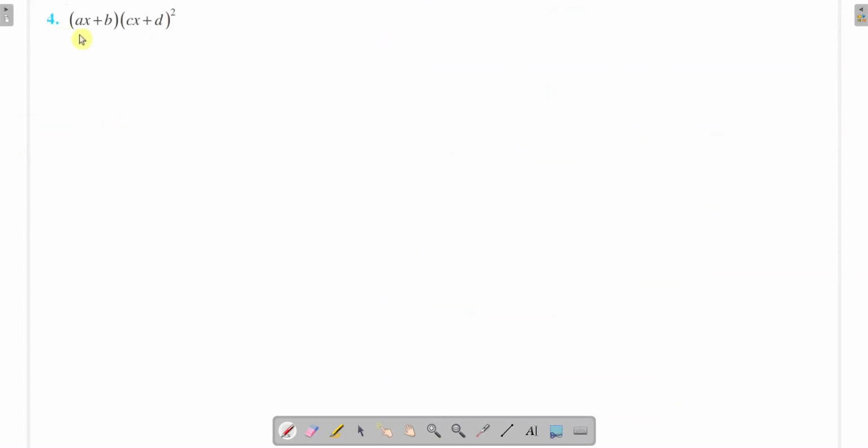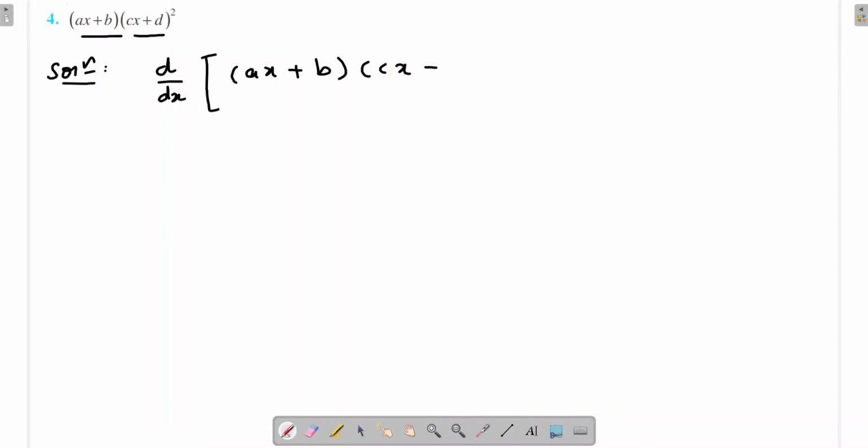Here we have the product of two functions. We have to find the derivative of this. You already know the formula for the product rule that you have to use. So the derivative of ax plus b multiplied by cx plus d square. This is the function u and this is the function v.